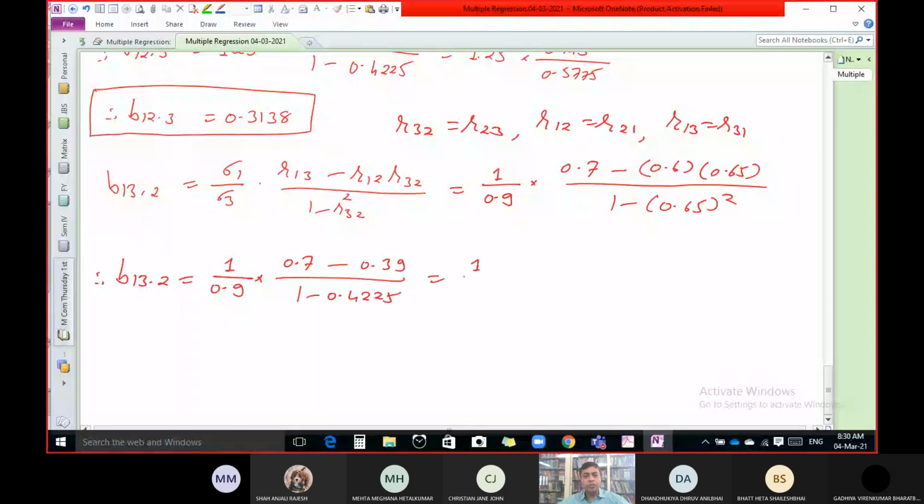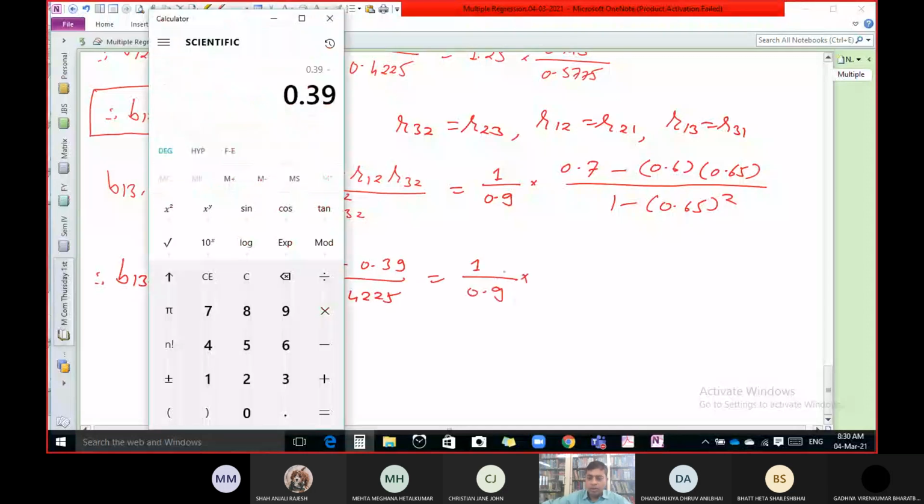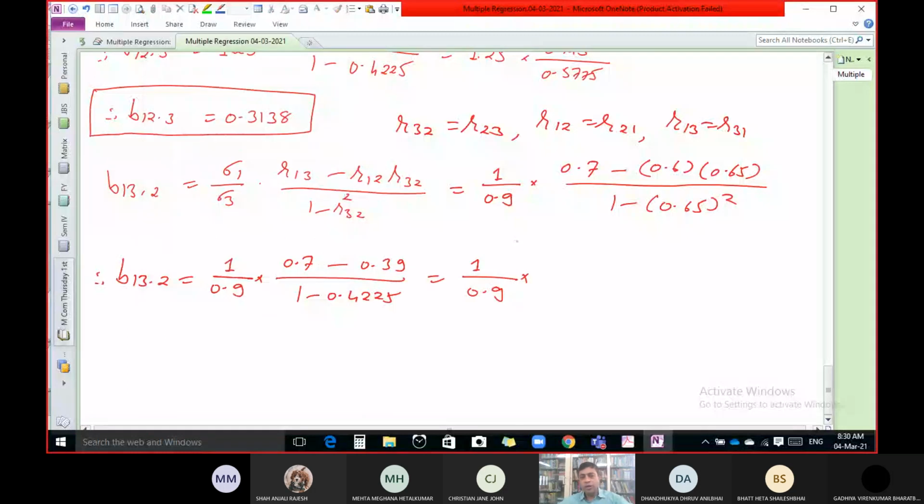So it is 1 upon 0.9 into 0.31, and this is 0.5775.